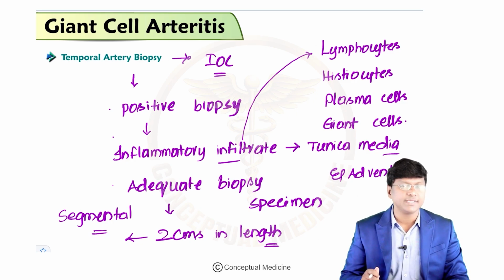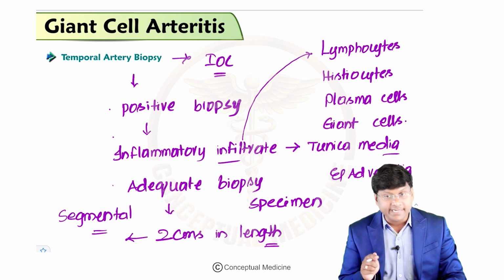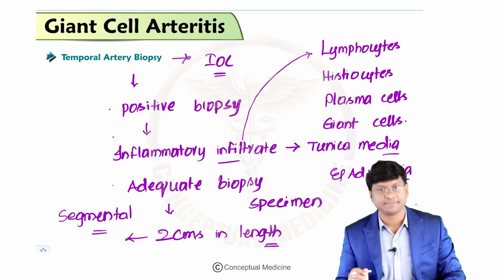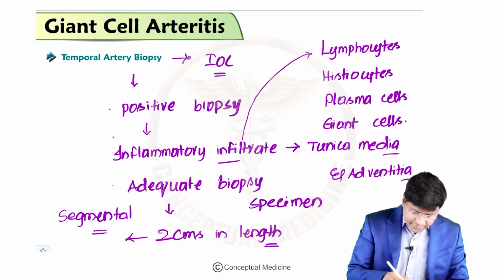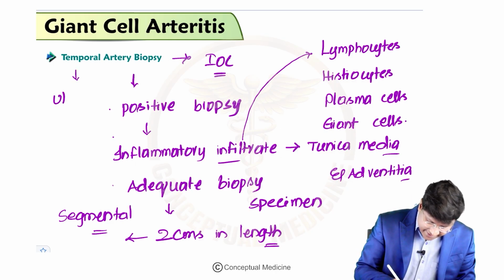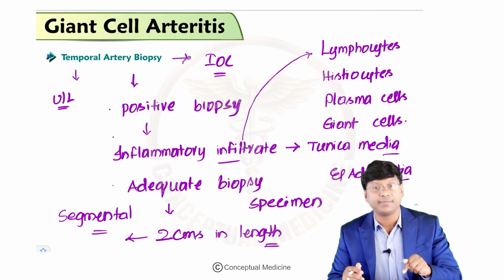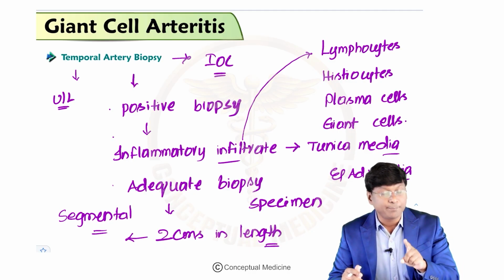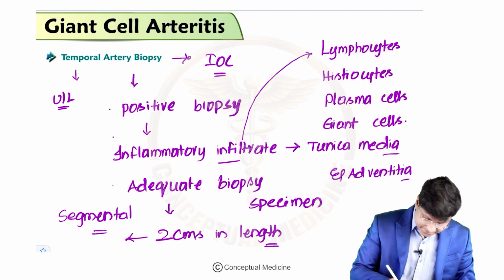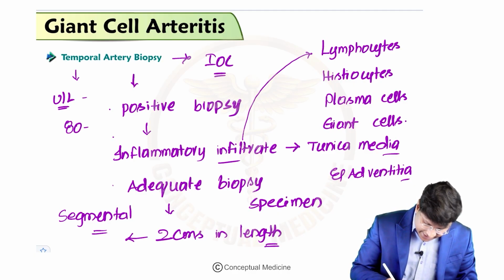That is the reason why you have to take at least 2 centimeters length of the temporal artery. When you do a unilateral temporal artery biopsy, it is positive in approximately 80 to 85% of patients.